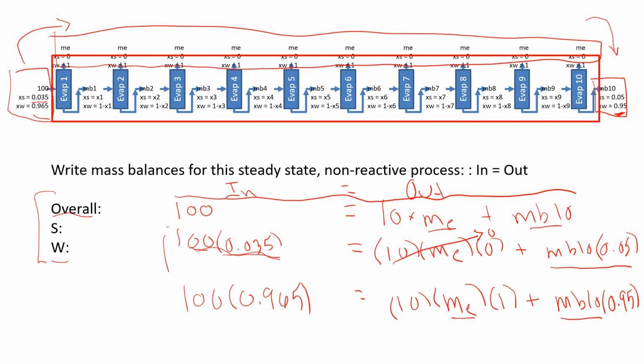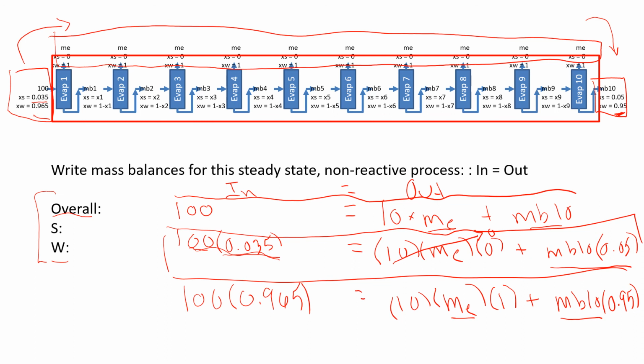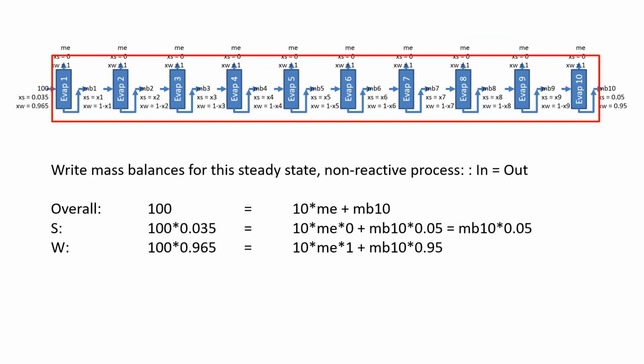Fortunately, though, this one here in the middle, the salt balance, is one that we can easily solve for the flow rate of the brine coming from the 10th evaporator. And this will keep us from having to solve two equations and two unknowns. So before solving for the unknowns here, I'm just going to tidy up the equations.